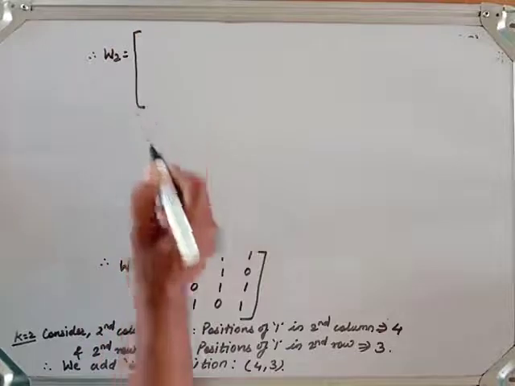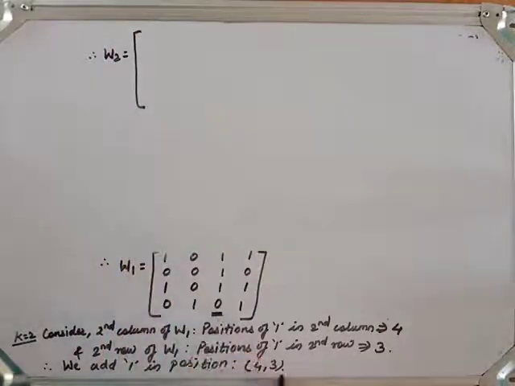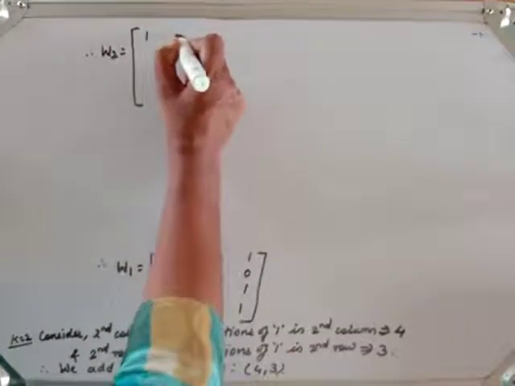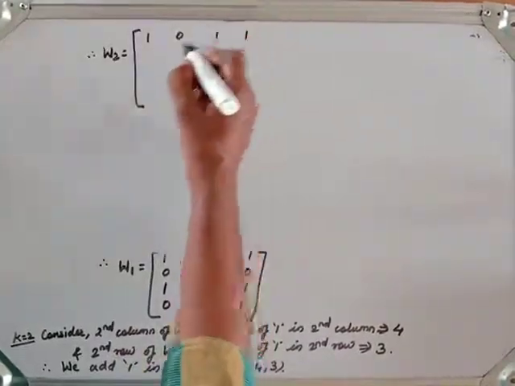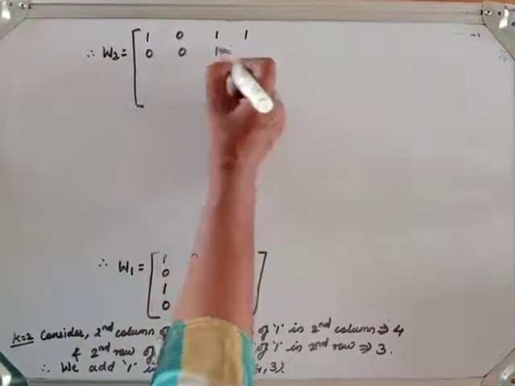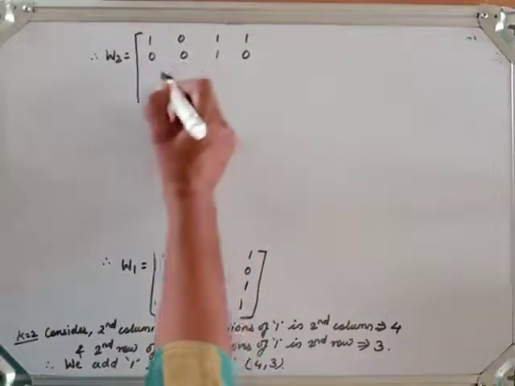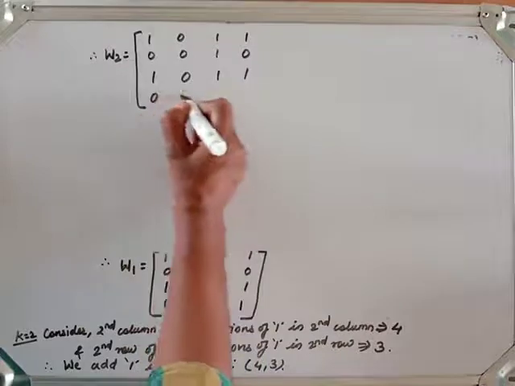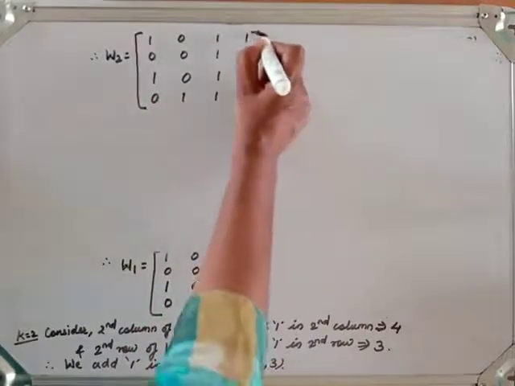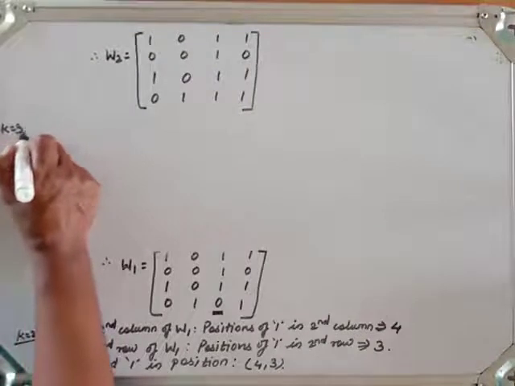Only at one position we get 1; otherwise the rest remains the same. Now 0 0 1 0, this is 1 0 1 1, here 0 1 1 1. This is W2.